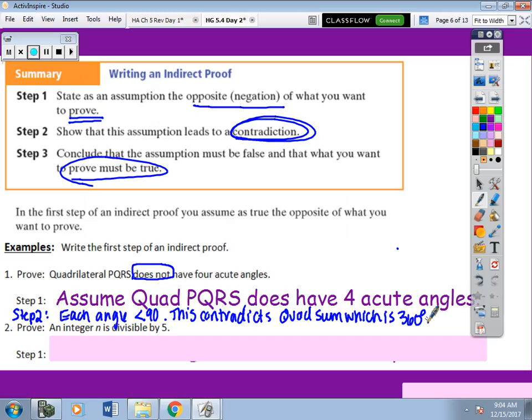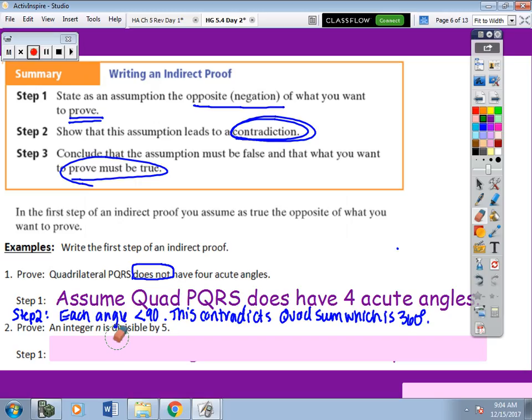We don't have room for this in our paper, we're going to do it on the back. Therefore, quadrilateral PQRS does not have 4 acute angles. And you just restate the proof statement at the end. So all you're doing is proving a contradiction, that the opposite can't occur, therefore the original has to be true.